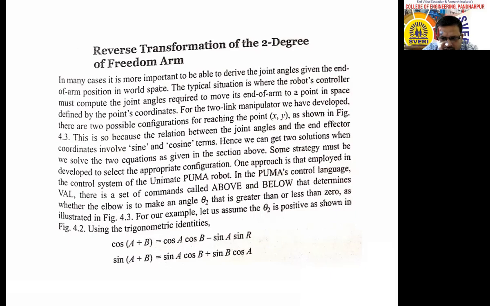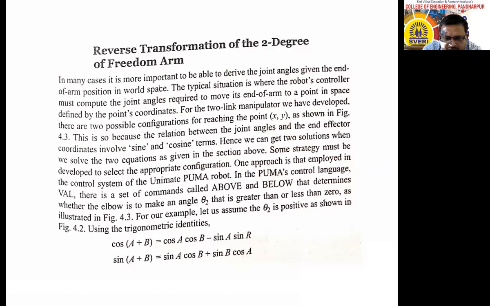One approach is that employed in the control system of the Unimate Puma robot. In the Puma's control language VAL, there is a set of commands called above and below that determines whether the elbow is to make an angle theta 2 that is greater than or less than 0 as illustrated in 4.3.